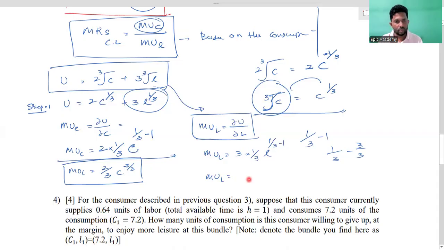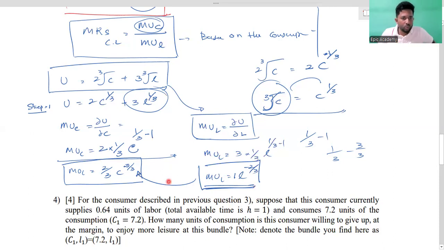in front of the L it is 1, isn't it? Yeah, it's just one. You actually don't need to put the 1, okay? But we say that. And the power value is minus 2 divided by 3. Similar. Okay, so those are the two functions for the marginal utilities.